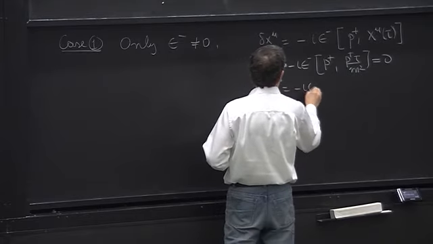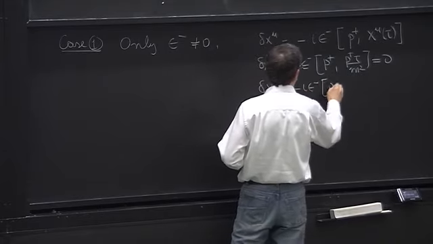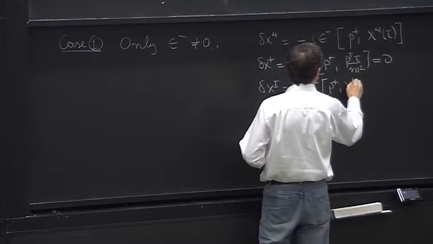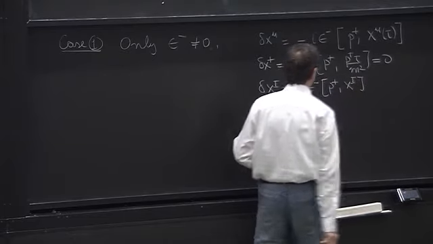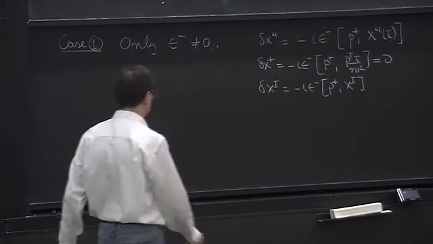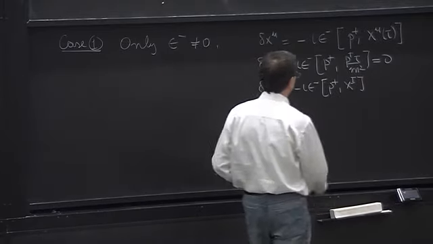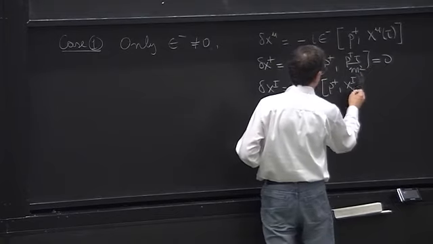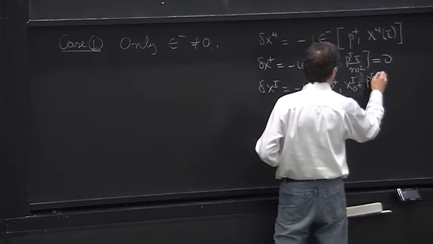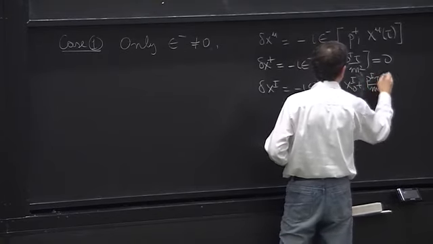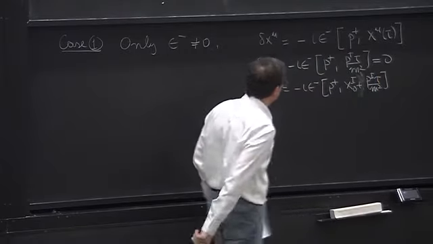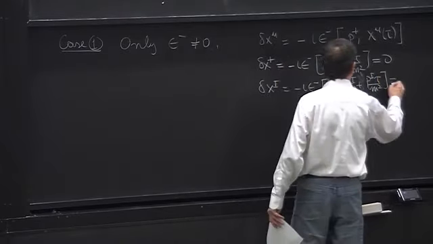It's minus i epsilon minus [p plus, xi]. Well, xi is x0i plus pi tau over m squared, and p plus commutes with that. That's 0. Very good.